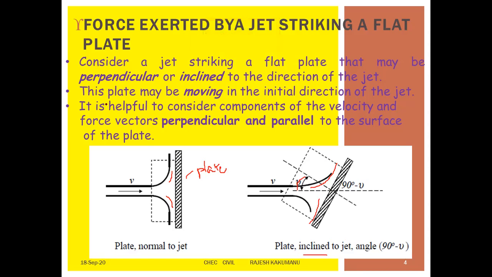Consider a jet striking a flat plate that may be perpendicular or inclined to the direction of the jet. For example, take a water pipe and flush it. Keep your right hand straight, perpendicular to the left-hand water pipe, and flush the water onto your right palm. See the movement of the water.